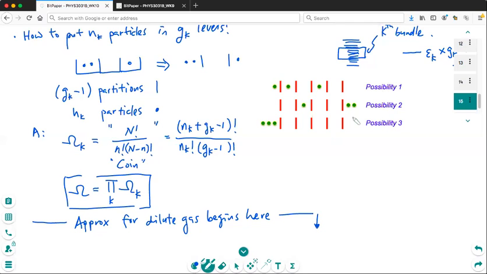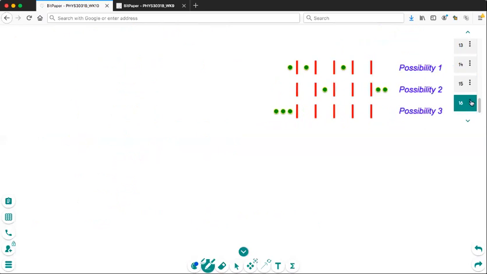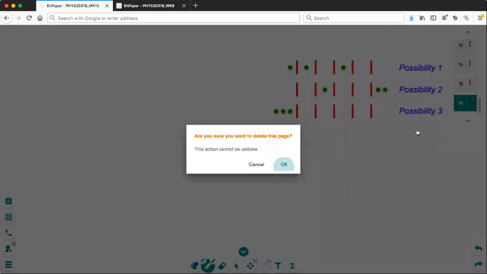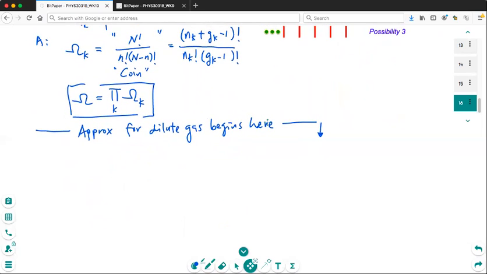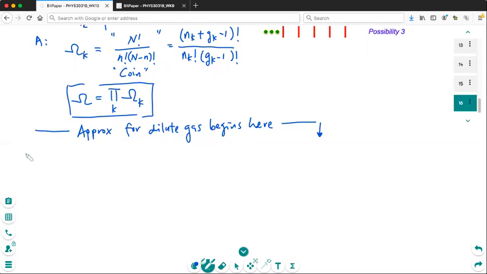Okay, so what do I want to do with this approximation? I will look at this omega k first. Omega k. How do I approximate this? So first, there are a few steps. Now the obvious one is this. I have very large GK and NK.